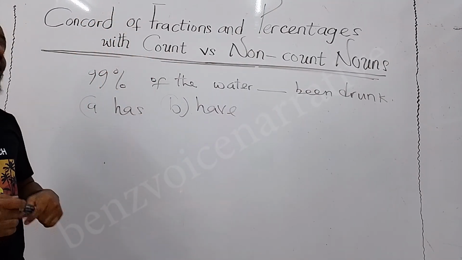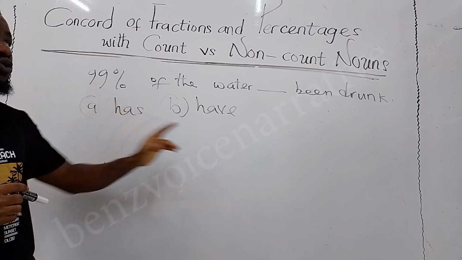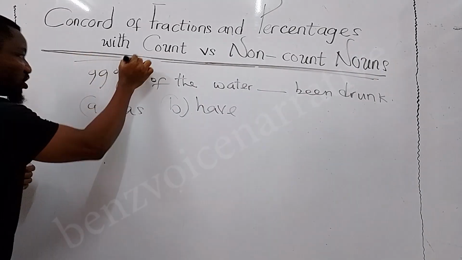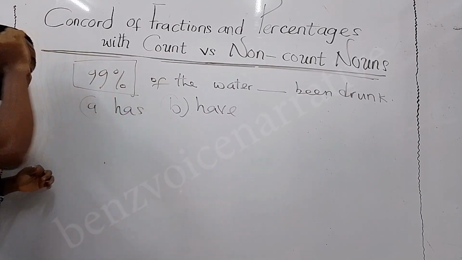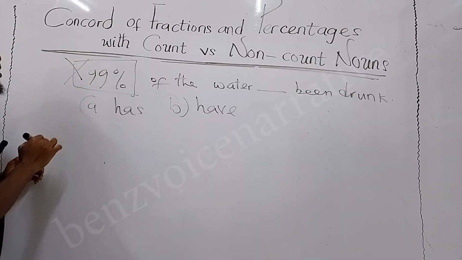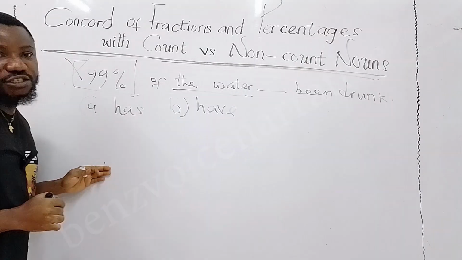Good. And because it looks like a lot or it sounds like a lot, does not mean that your verb will be plural. You should understand that the focus is not on the percentage. The focus is not on the fraction. We are not dealing with a fraction here. We're dealing with what comes after the fraction.